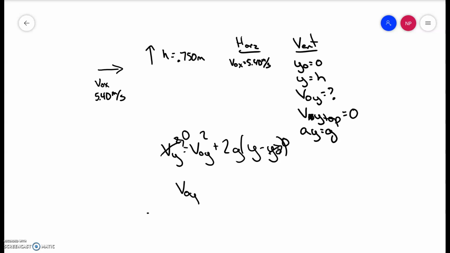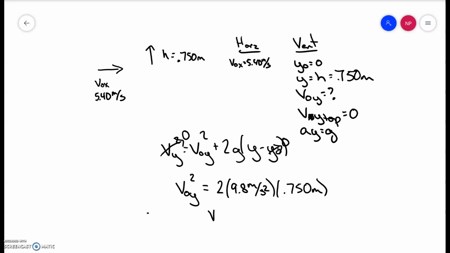So v naught y squared is equal to, I'm going to put 2 times 9.8 meters per every second squared, just because that's the calculation that this particular book used. And then my h is going to be that 0.750 meters. And so once you calculate that, I plugged that into my calculator, and I got an initial y velocity.